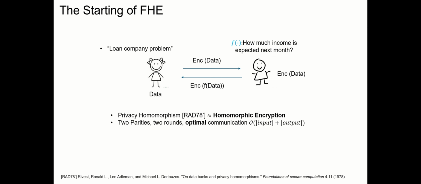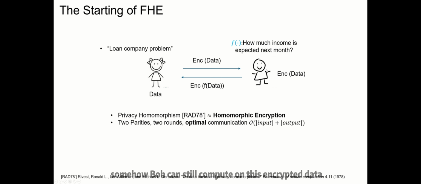However, Alice does not want to reveal her own private data to Bob. So Alice encrypts her data and sends it to Bob. Now Bob has some ciphertexts, and he does not know the private data.